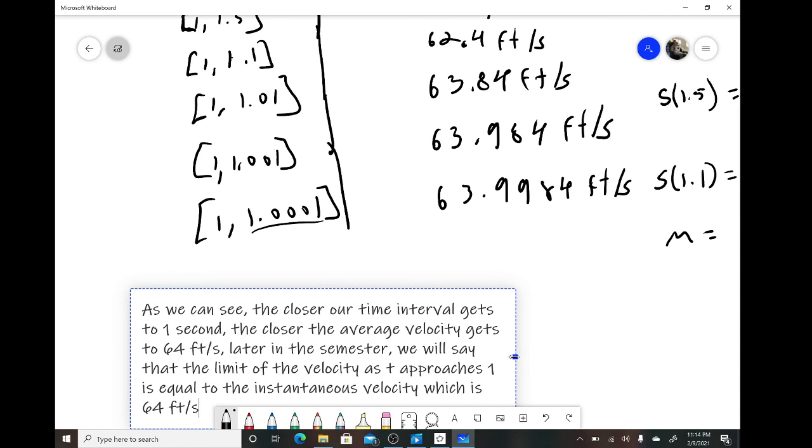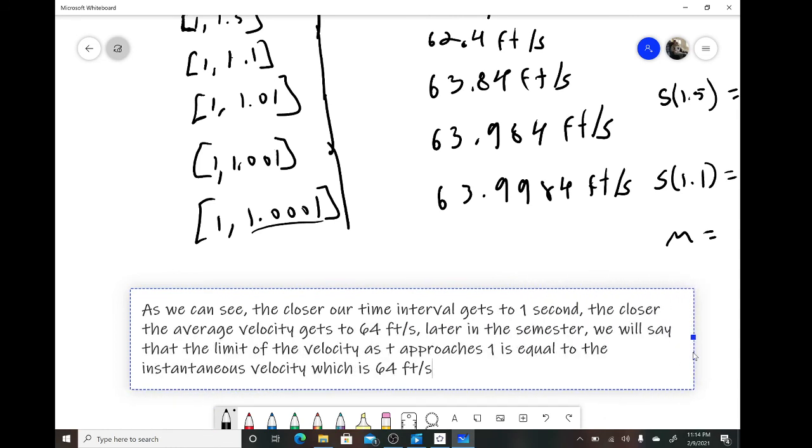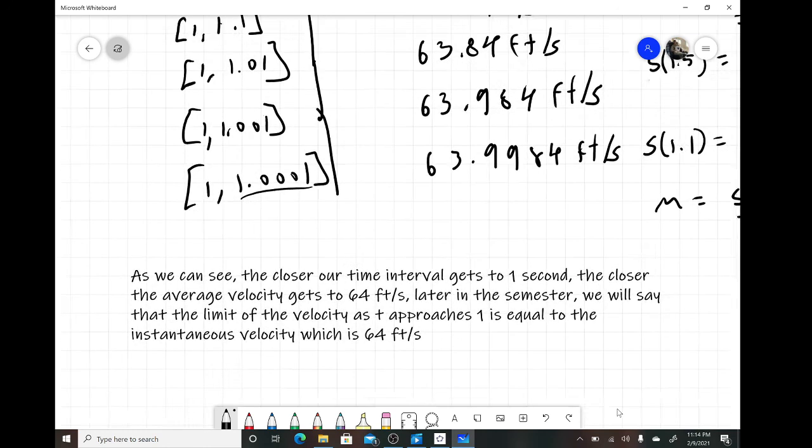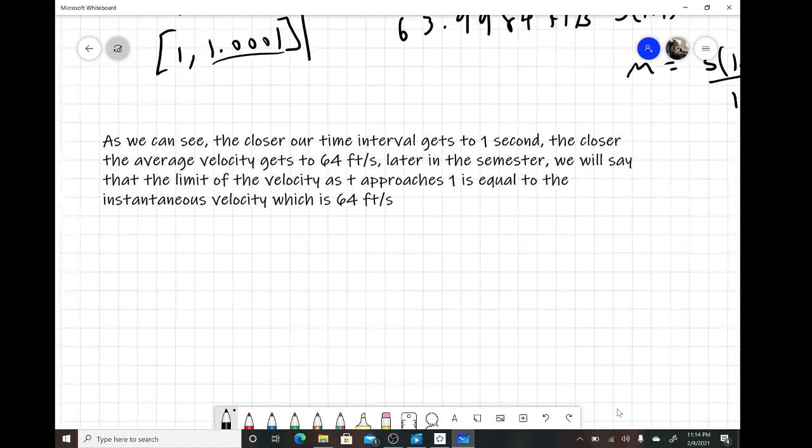So this is something that we're going to see in the next video. We'll get used to using this language when we are describing limits.